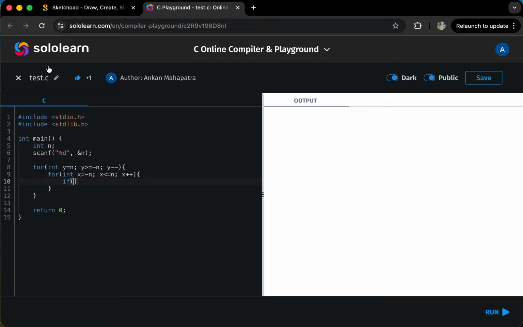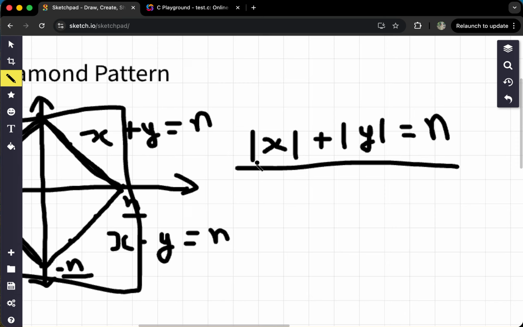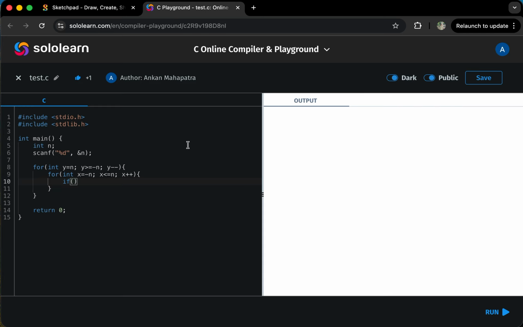For checking it, we need the absolute value, that is the mod value. There is a function called abs. So abs of x plus abs of y, if it is equal to n, then we print a symbol, or else we print a space.